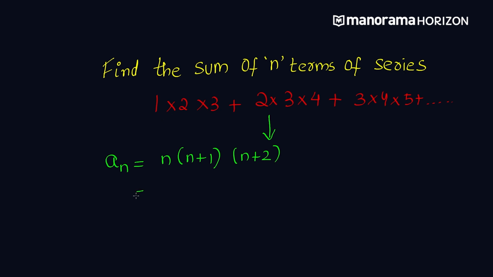This can again be written, taking the n inside, as n square plus n into n plus 2. Multiplying again, we get n cube plus 3n square plus 2n. So we got the nth term as n cube plus 3n square plus 2n.